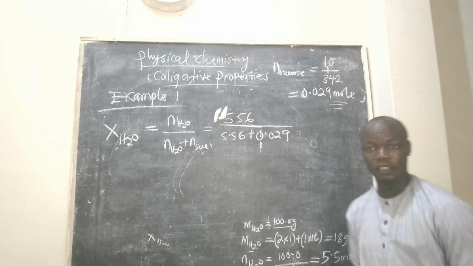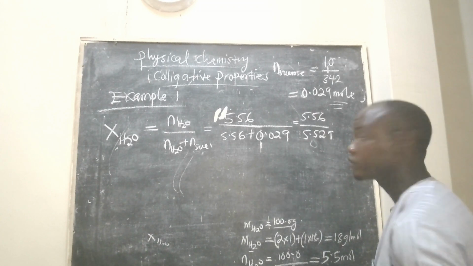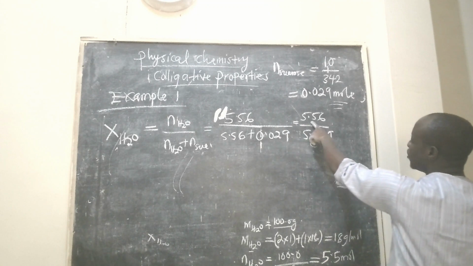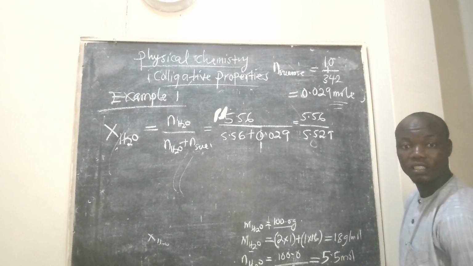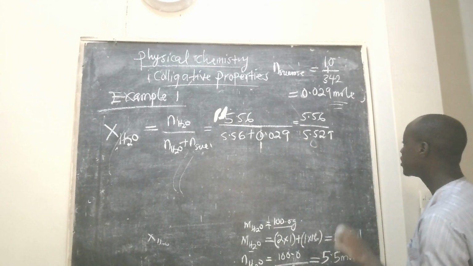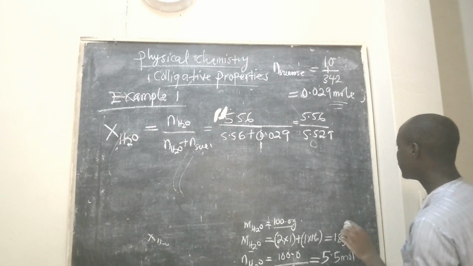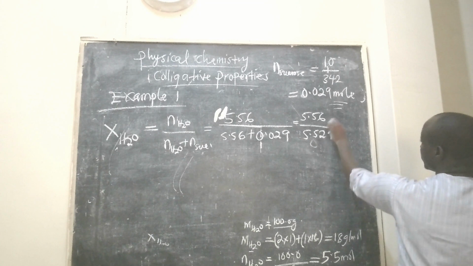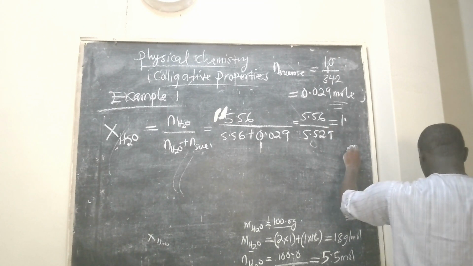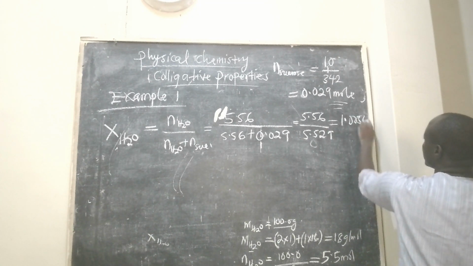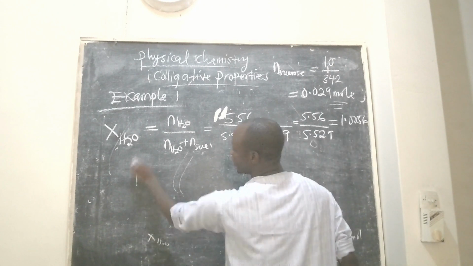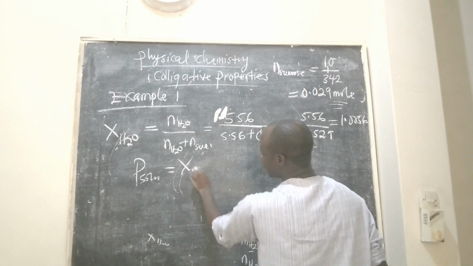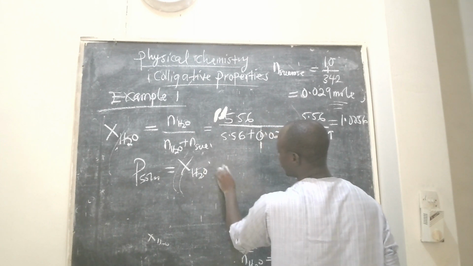So if you now take this and divide it by this, you have 5.56 divided by 5.589. So therefore, if you divide, you have 0.9948.